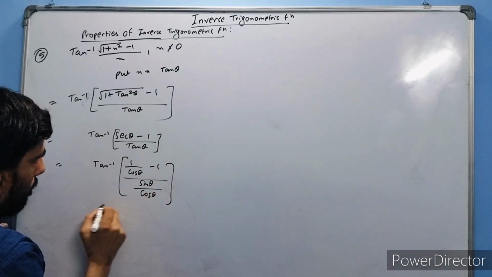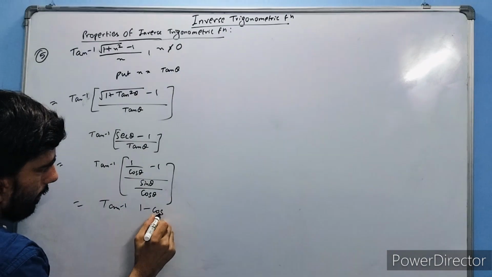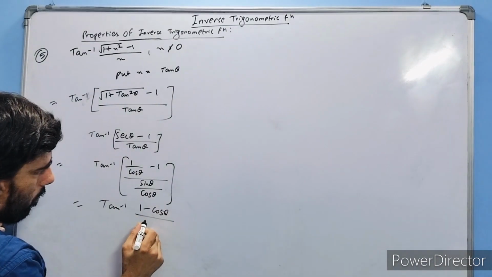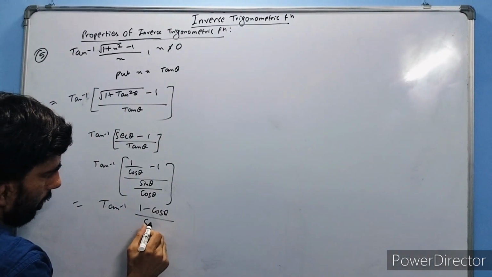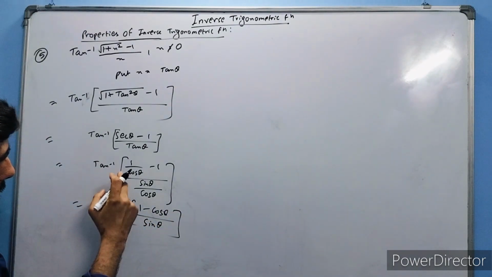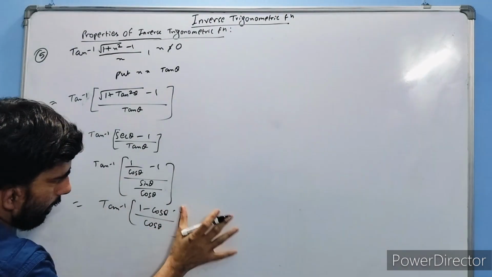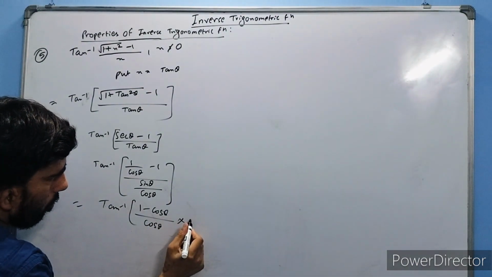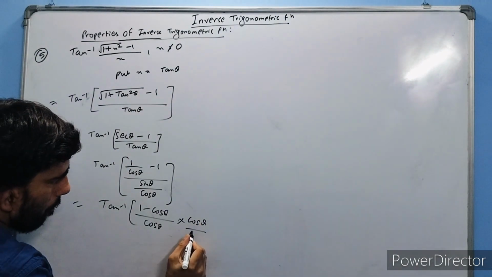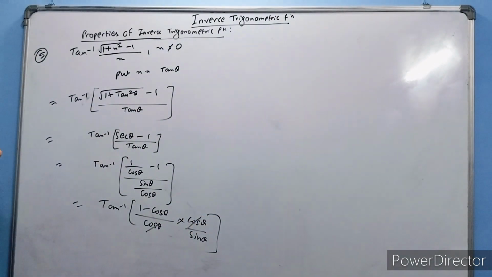So we have tan inverse of 1 minus cos theta upon sin theta, because if I take cos theta down and multiply by cos theta upon sin theta, it will be there like this.